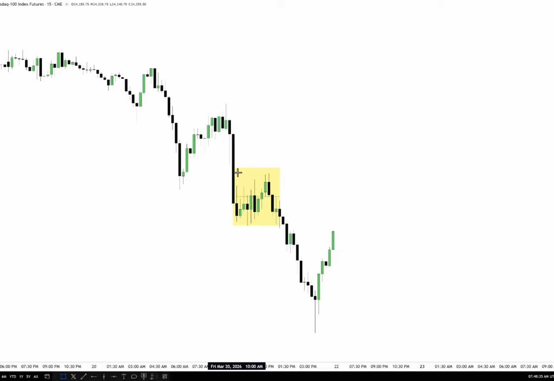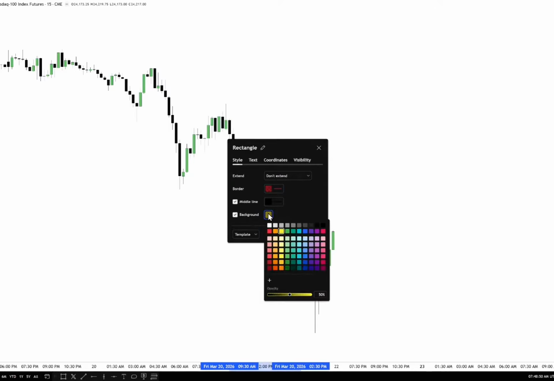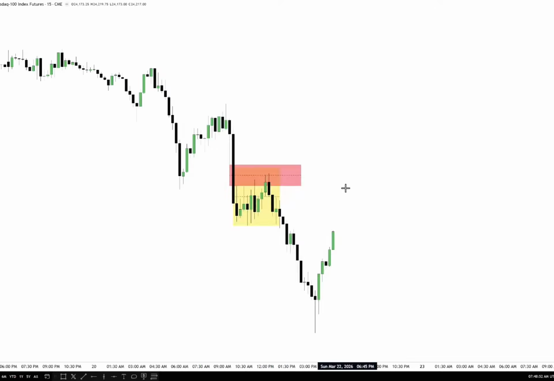This is what it's been doing. You look at the low of that candle to that candlestick's high right there. All price is doing is working towards using this inefficiency on the 15-minute time frame.